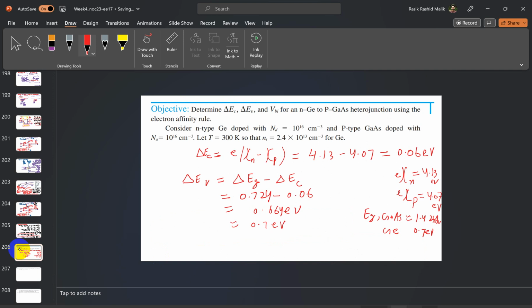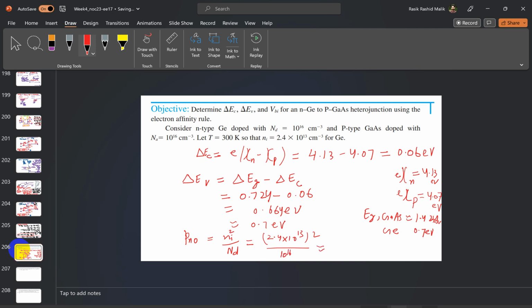So Pn0 is Ni square divided by the doping. So that will be 2.4 into 10 power 13 square divided by Nd, that is 10 power 16.